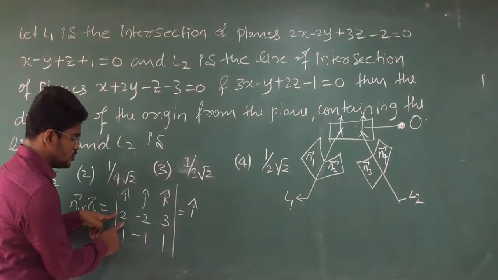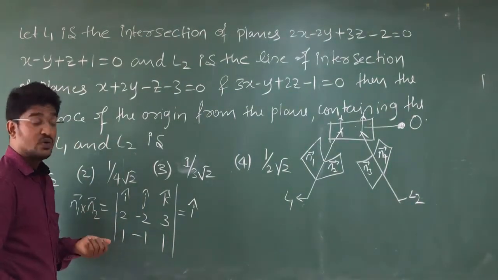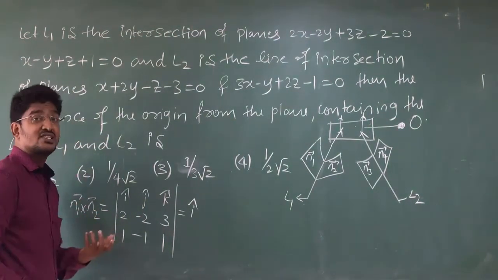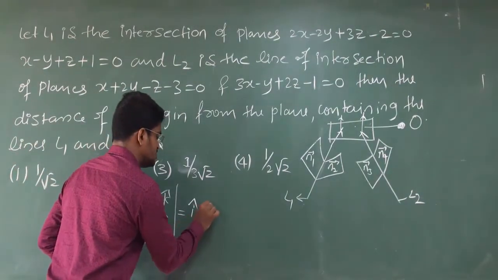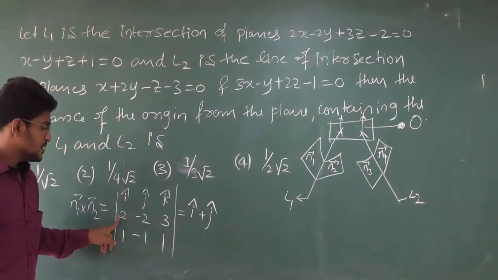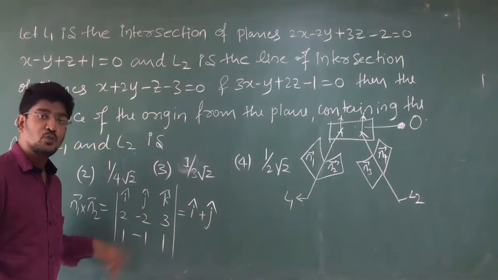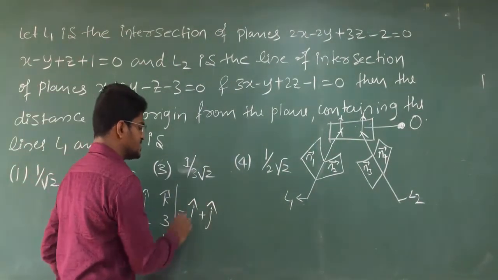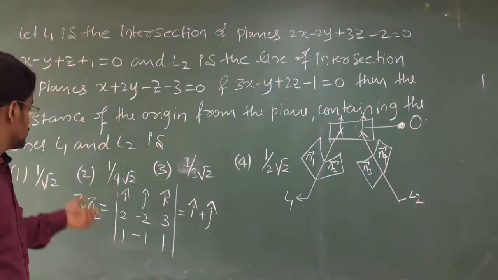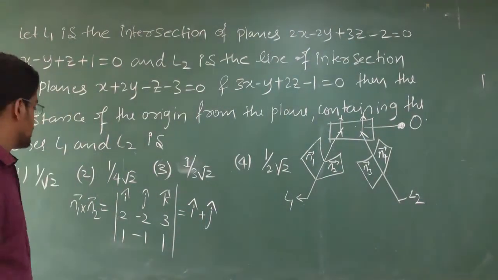Minus j cap into (2 − 3), that is 2 − 3 = −1, minus into minus plus j cap. Next, −2 plus 2 will be 0, so this will be cancelled. So n1 cross n2 is i cap plus j cap.